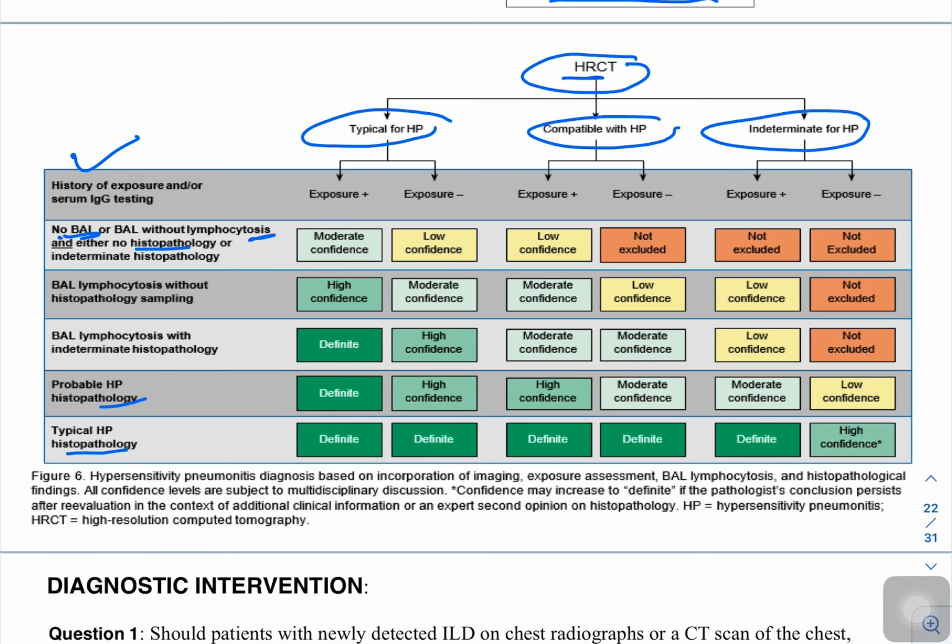For example, if HRCT is typical for HP, exposure is positive, but we haven't done the BAL, or BAL is without lymphocytosis, and either no histopathology or indeterminate histopathology, then this is moderate confidence. The high confidence will come with BAL lymphocytosis without histopathology sampling.